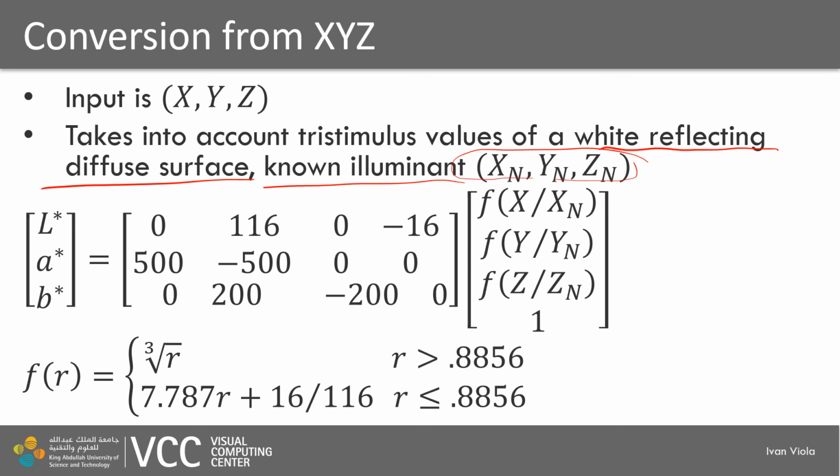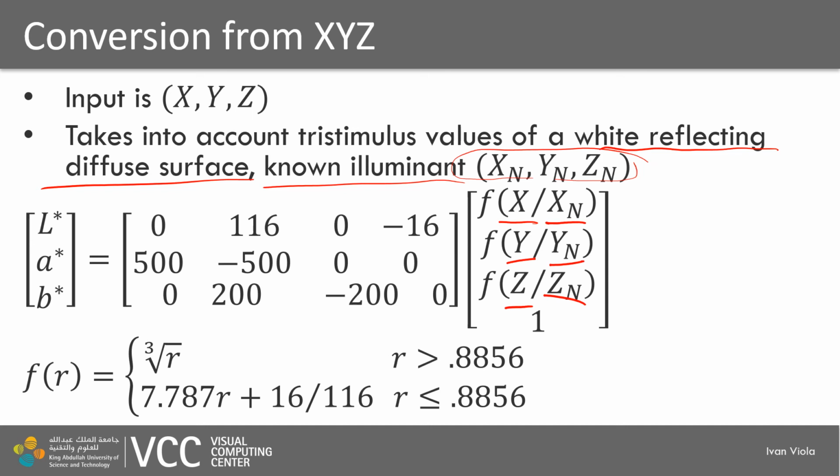So the benefit of the LAB is that it is perceptually uniform, but also it can be helpful for changing the light balances, which will change the color space conversion as well. We can see how it can be computed from the XYZ color space by having the X, Y, and Z coordinates first divided by our known illuminant, which is illuminating the white reflecting diffuse surface.